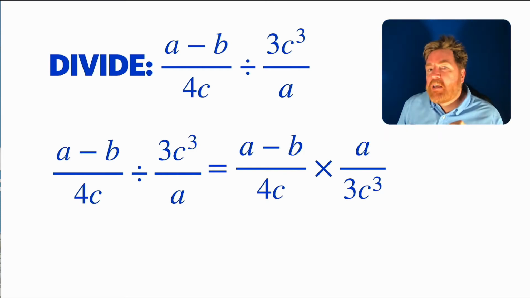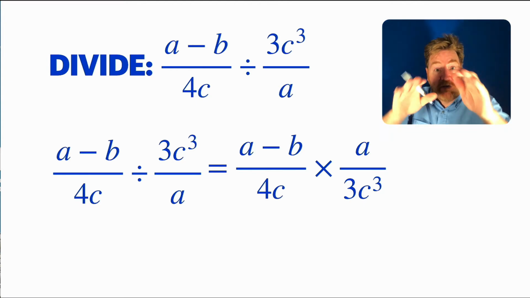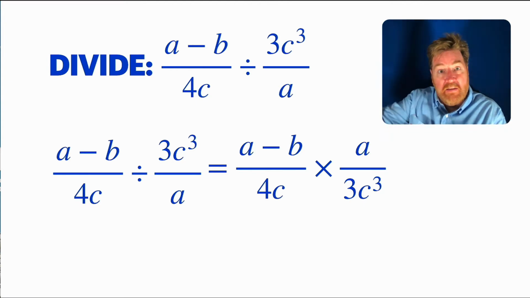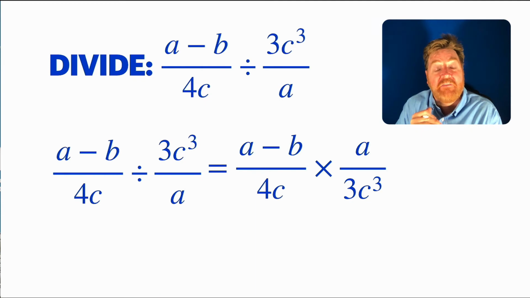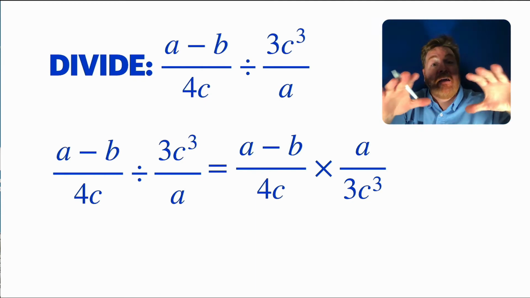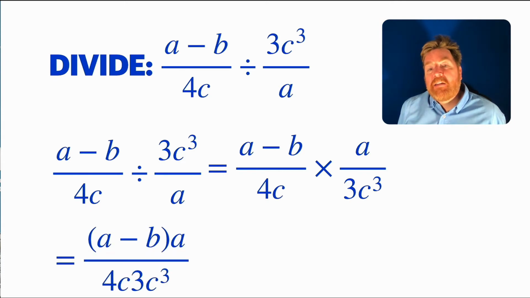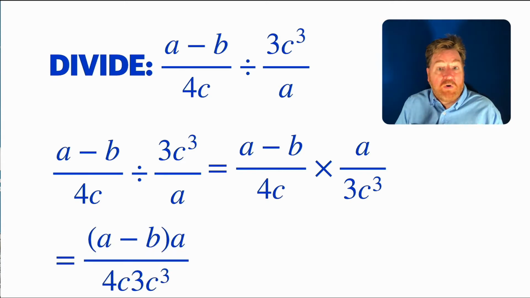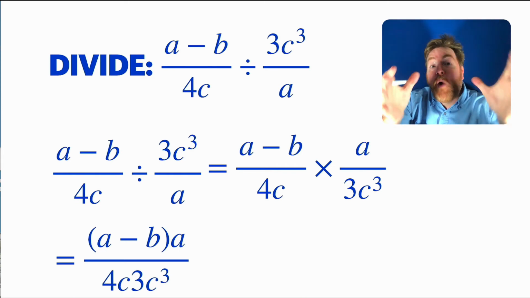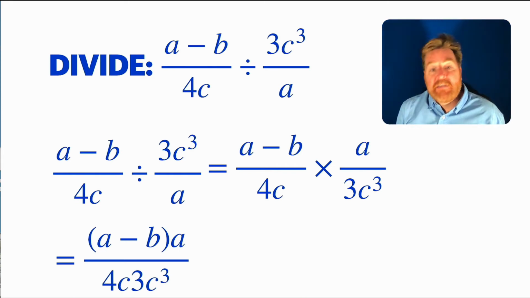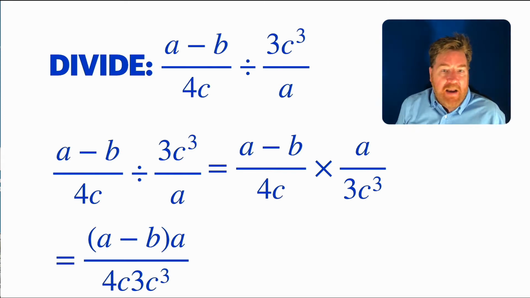So let's put a set of parentheses around that, because the a in the numerator of the second fraction has to get multiplied by all the terms in that first numerator. So that's going to equal, just multiplying straight across, the quantity a minus b times a. And then the denominator, like we said, we're just mushing it together.